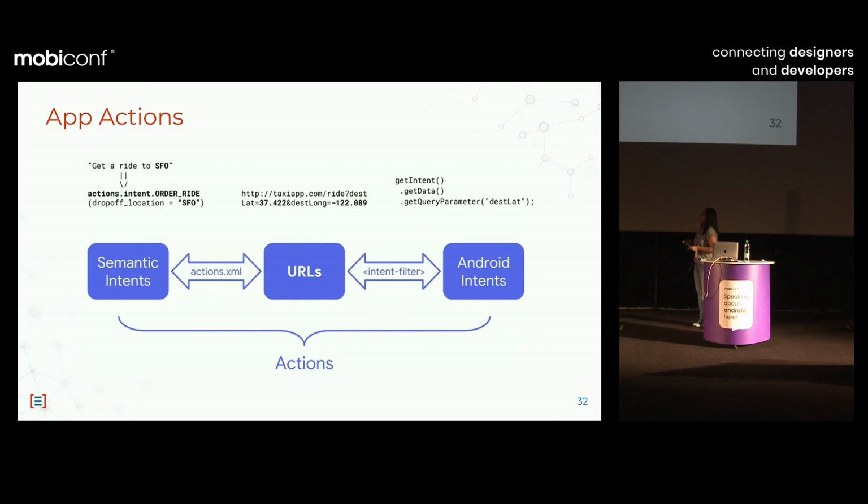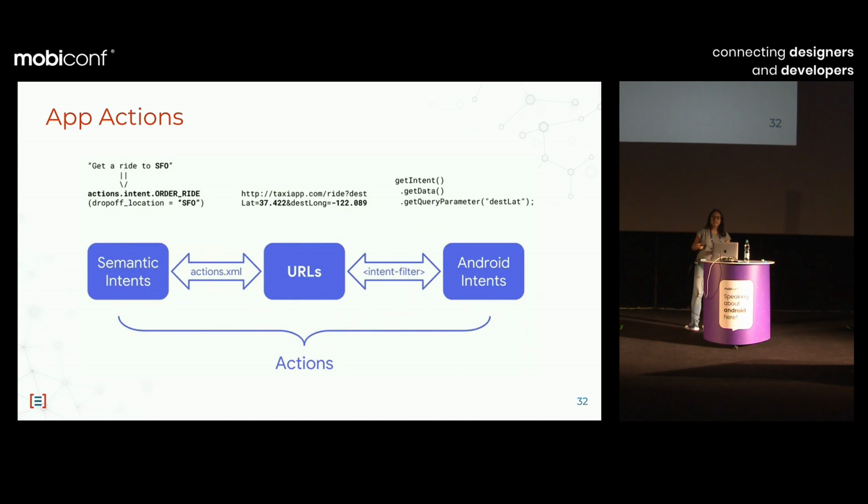One important thing that you have to understand is the difference between semantic intents and Android intents, because basically what's happening behind is that we're taking a semantic intent and we're going to transform it into an Android intent as we know it. So the semantic intent is, for example, for this order ride application, get a ride to SFO. So you have put in your actions.xml file that you can manage this kind of intention.